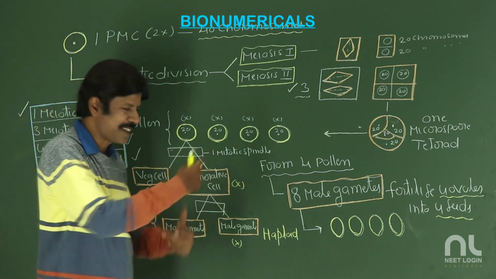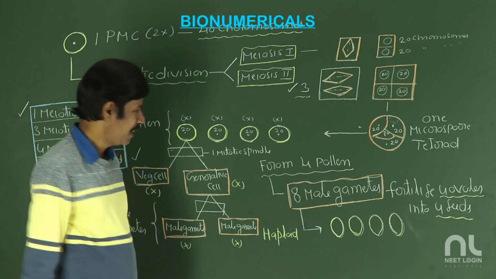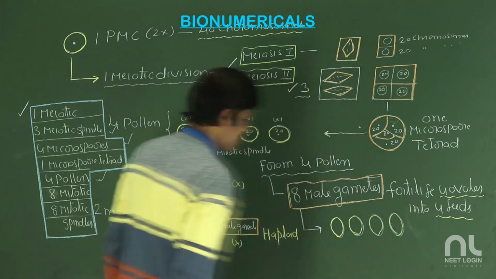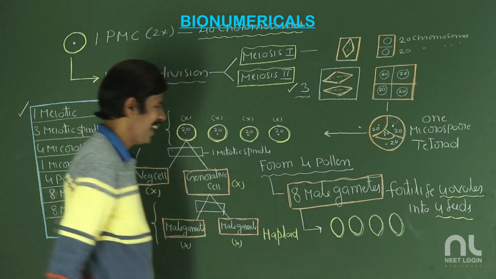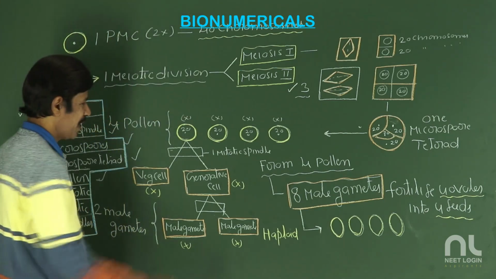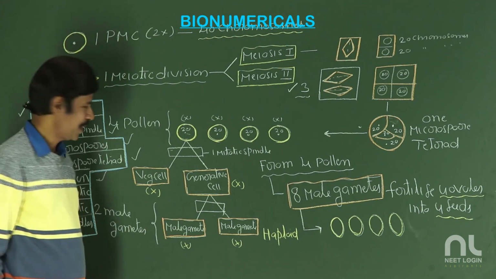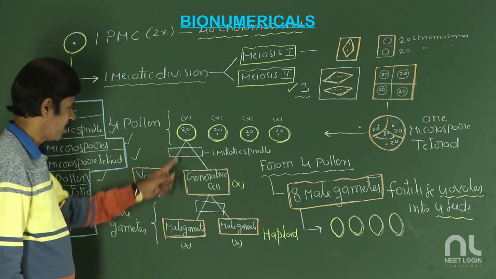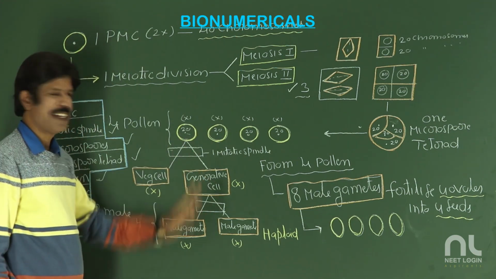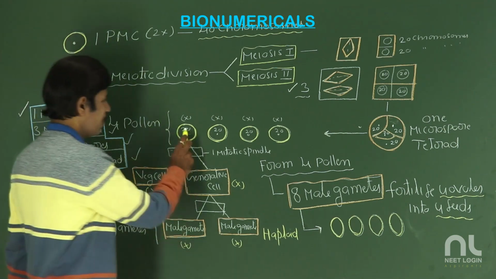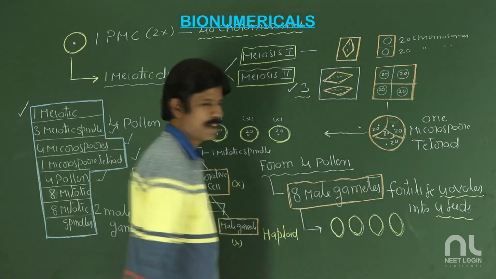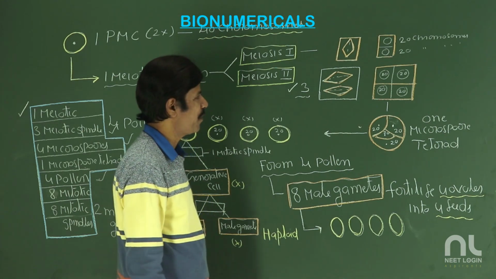If you come from the reverse manner, for 4 seeds, how many male gametes? 8 male gametes. For 8 male gametes, how many pollen grains? 4 pollen grains. How many mitotic divisions? 1, 2. 4 pollen grains, 8 mitotic divisions. For 4 pollen grains, how many tetrads are formed? 1 tetrad formed.